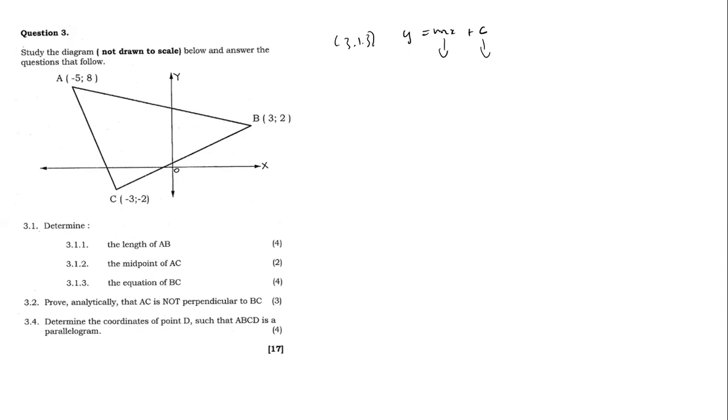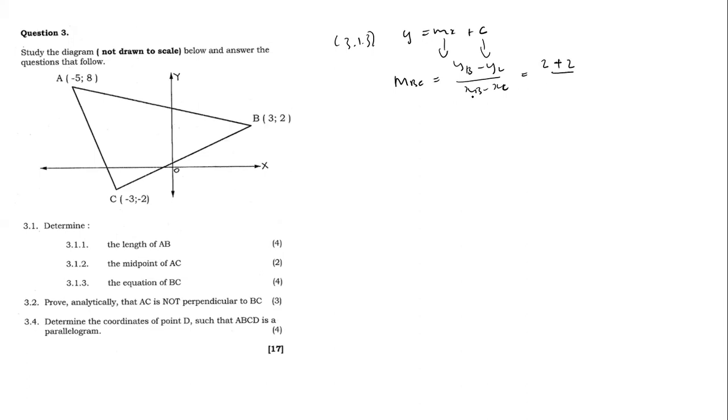So firstly, let's determine the gradient. The gradient of BC is going to be y of B, subtract y of C, divided by x of B, subtract x of C. Now, what is y of B in this case? It's going to be 2. Subtract y of C, which is -2. It's going to be +2 over there because negative by negative is positive.